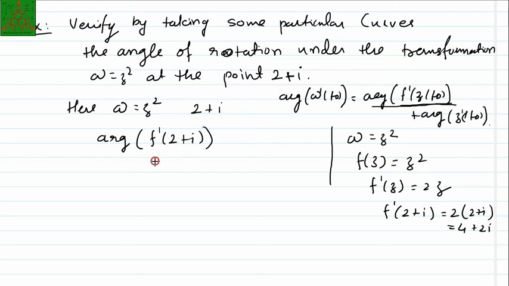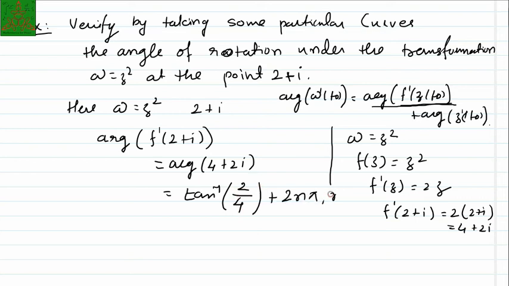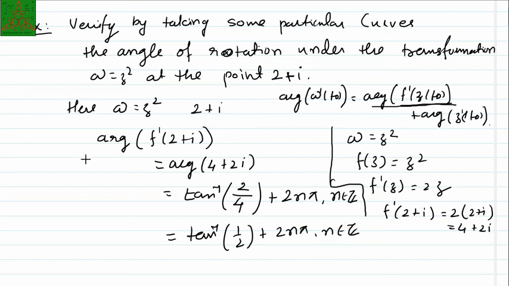So I can write this as the argument of 4 plus 2i, and using tan inverse of y by x, it is tan inverse of 2 by 4 plus 2n pi, where n belongs to Z. So finally you will have tan inverse of 1 by 2 plus 2n pi. That is on the one side. We need to prove that this minus this is exactly this one.